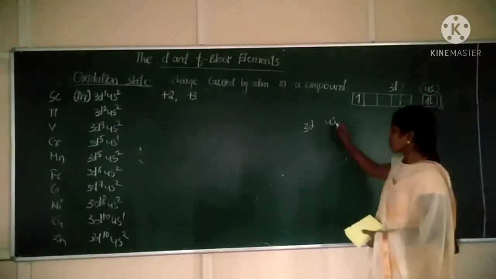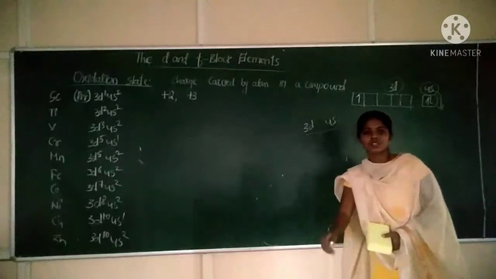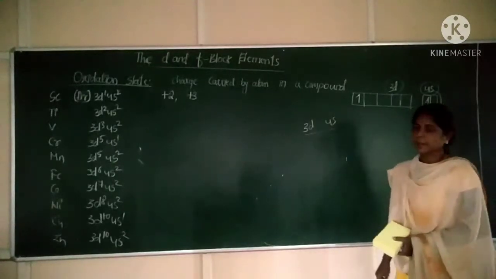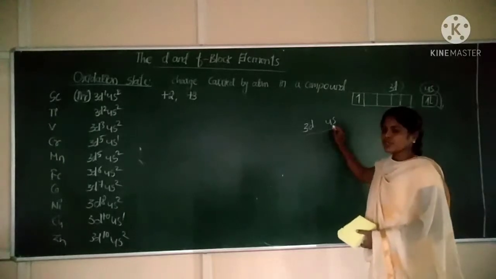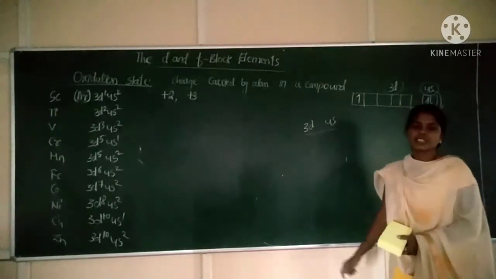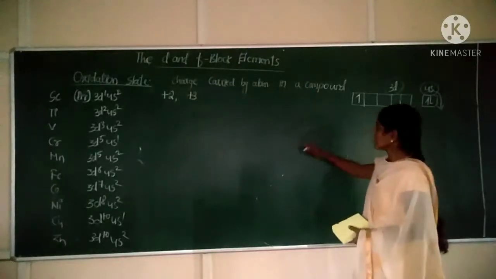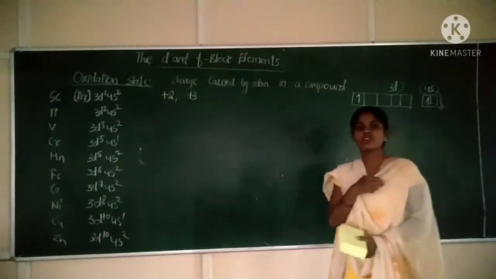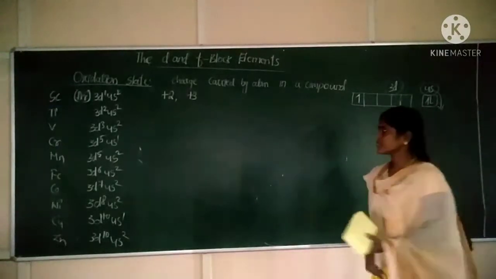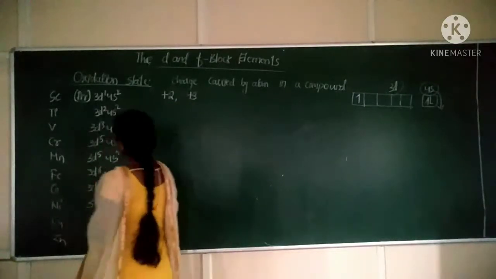And the energy level difference between 3D and 4s is small. So that's why oxidation state for the 3D elements is variable. Clear? So involvement of 3D electrons as well as 4s electrons results in variable oxidation for the 3D elements. So for scandium, +2, +3.